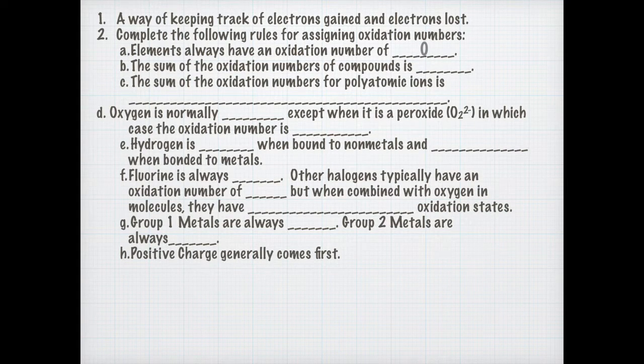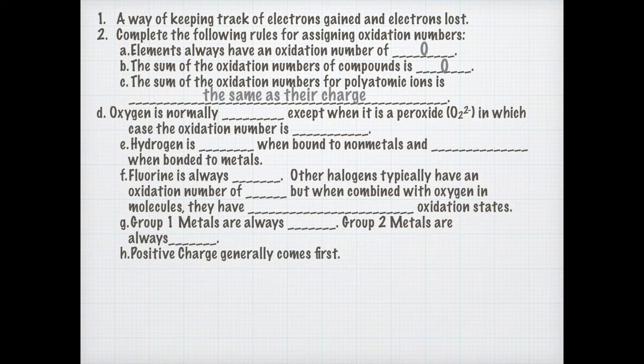Okay? The sum of all the oxidation numbers of compounds, if you think about the charge of an entire compound, that's also 0. Okay? And the sum of the oxidation numbers for polyatomic ions, that's going to be the same as their charge. So for example, NO3, the sum of all the oxidation numbers for nitrogen and oxygen in there is going to be -1.